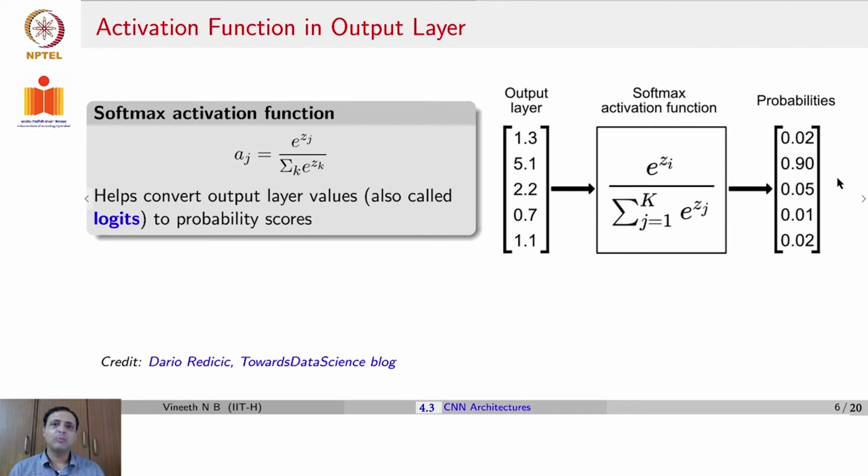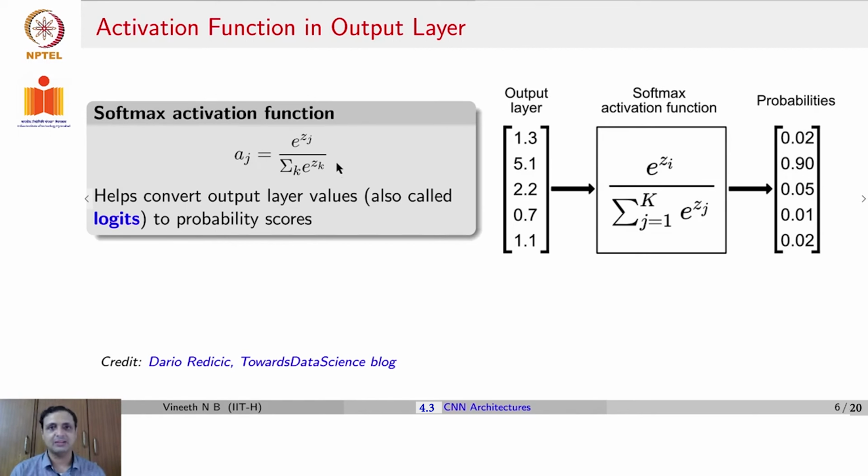One more point before we move to CNN architectures: when you are doing classification, while we talked about different kinds of activation functions such as sigmoid, tanh, ReLU, leaky ReLU, and so on, we typically use what is known as the softmax activation function in the output layer alone.